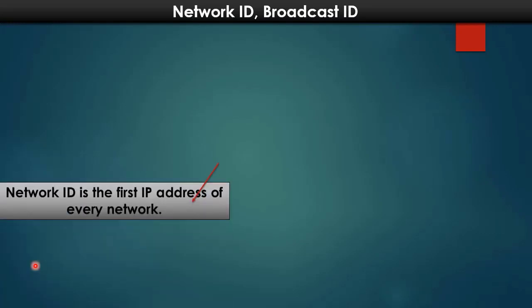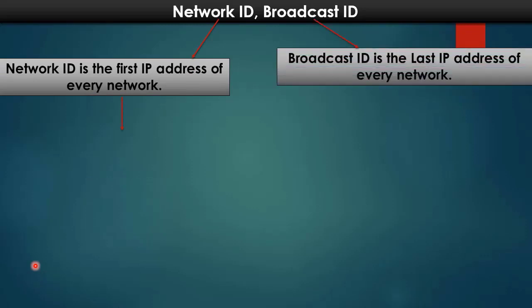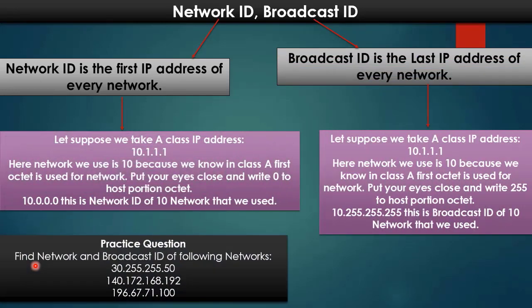Define network ID and broadcast ID. Network ID is the first IP address of every network, and broadcast ID is the last IP address of every network. Let's suppose we take a class A IP address 10.1.1.1.